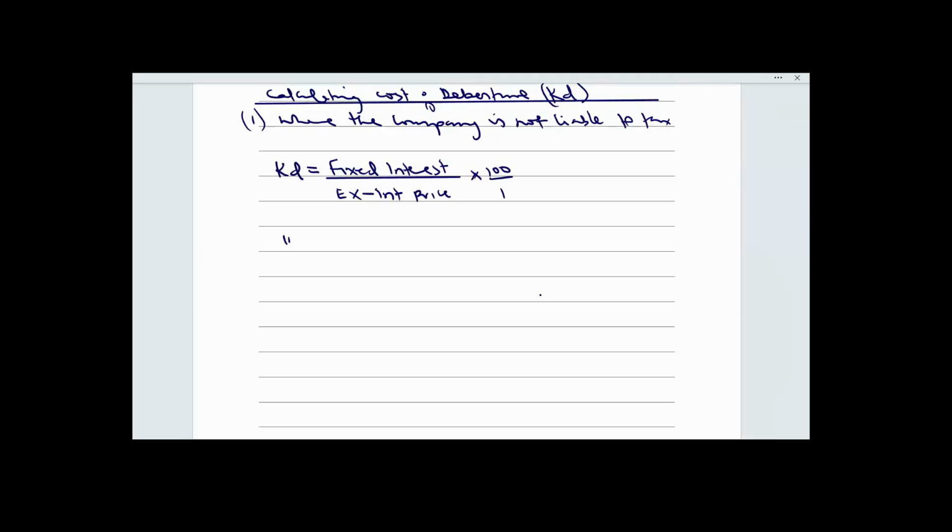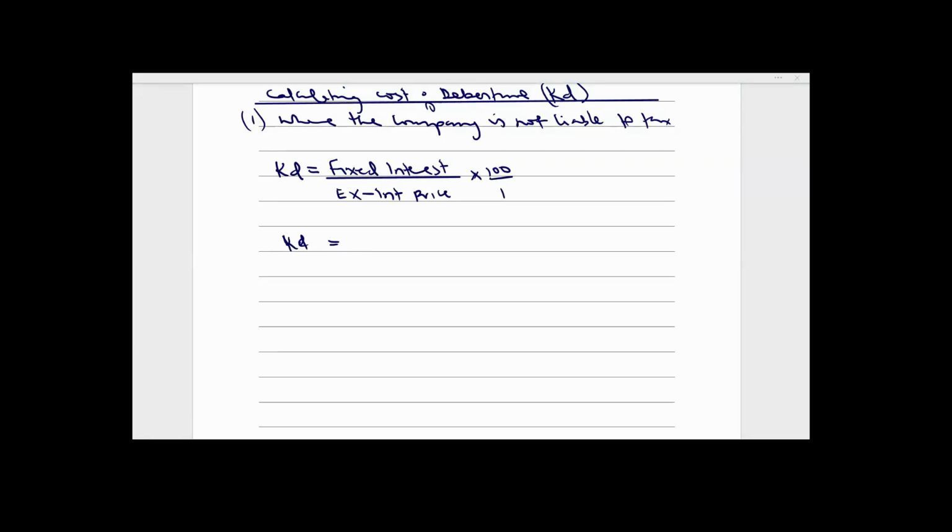So KD would then be equal to, I will go back to the question. What's the fixed interest? The interest is the coupon rate given to you or attached to the value of the debt. In this question, you are given 9% redeemable debenture. That 9% is the coupon rate. I mentioned that coupon rate is the same as interest rate.